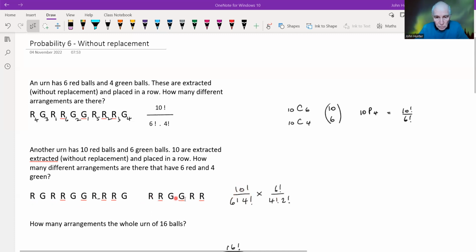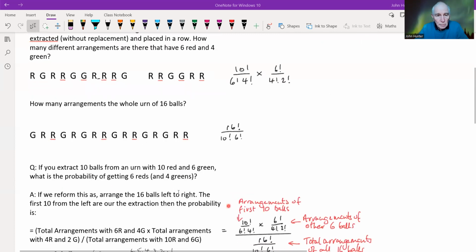And then we've got these remaining ones, because basically we've got 6 slots here. So 6. We've got 4 reds and 2 greens. So all this lot is the total number of arrangements that have 6 red and 4 greens.